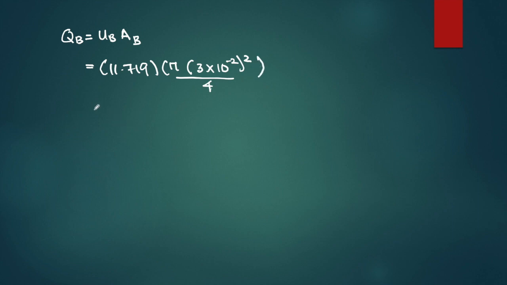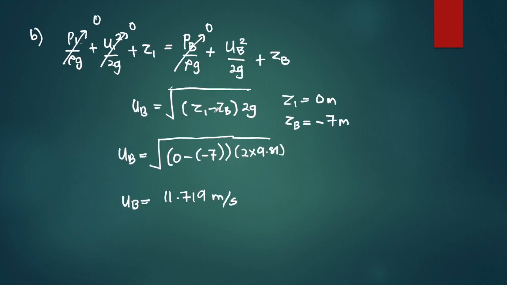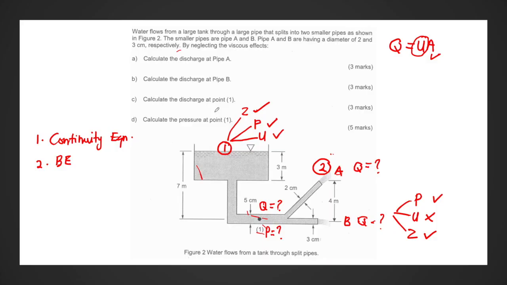So you will get your QB is 8.28 times 10 to the power of minus 3 meter cube per second. So at this point, for point B, you cannot use the Bernoulli's equation. You cannot use continuity equation.